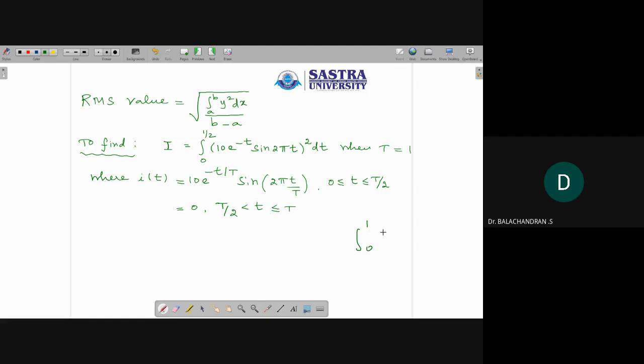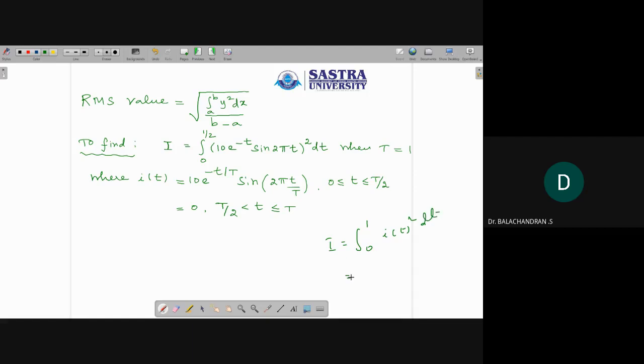So 0 to 1. Okay, I of t, I'm writing this capital I. Capital I equal to integral 0 to 1 of I of t square dt. So actually this is the formula.